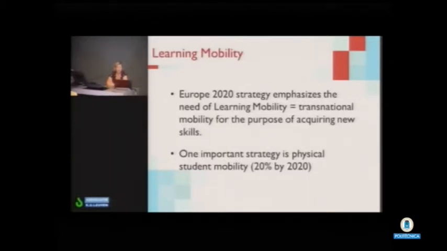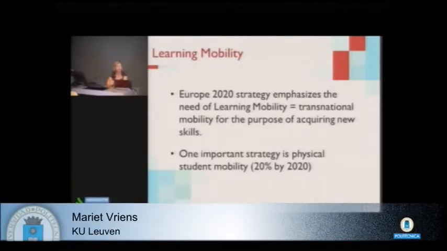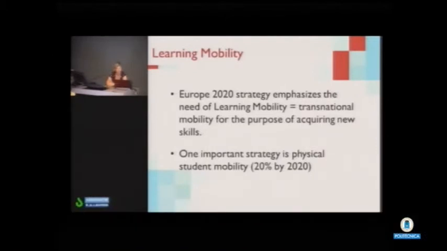The European Commission has the goal of sending 20% of higher education students in Europe out on an international experience by 2020, which is an ambitious goal. There is still a long way to go to get there by 2020.